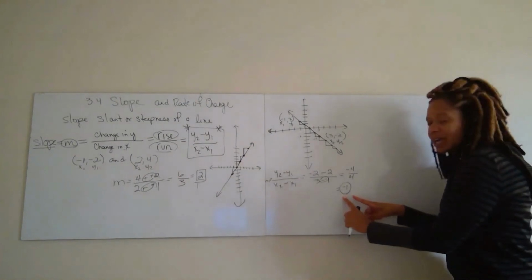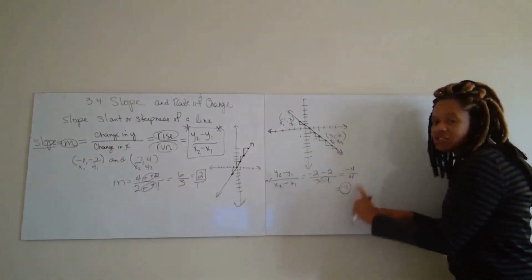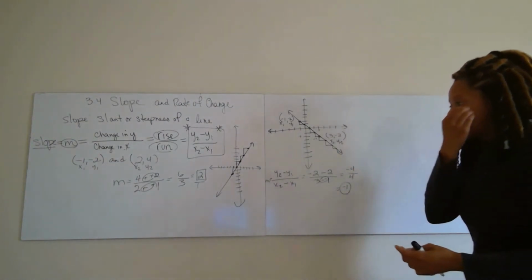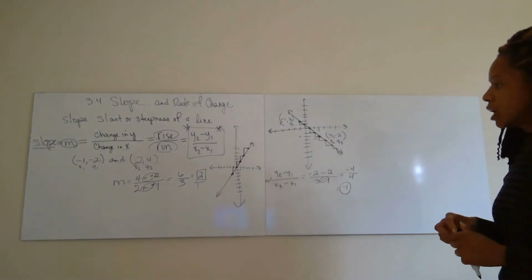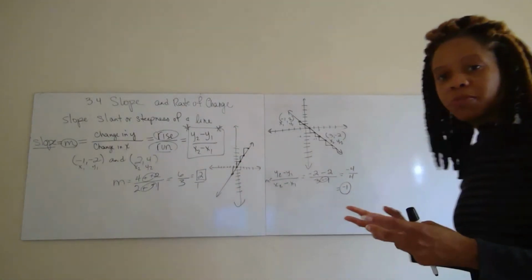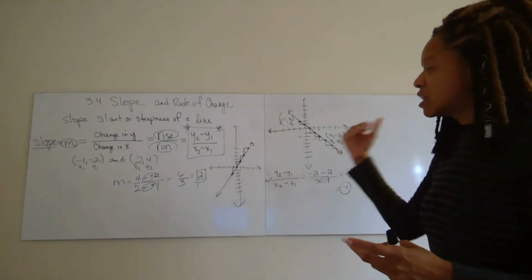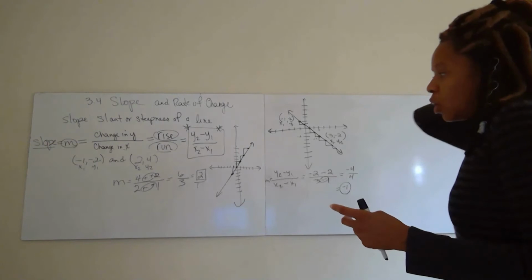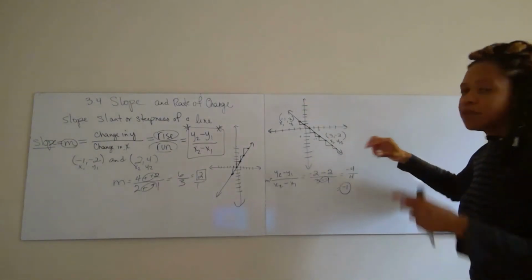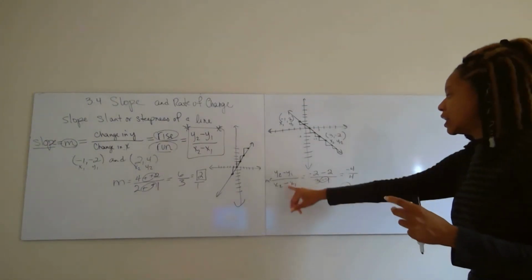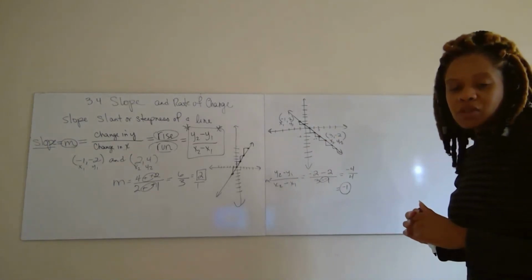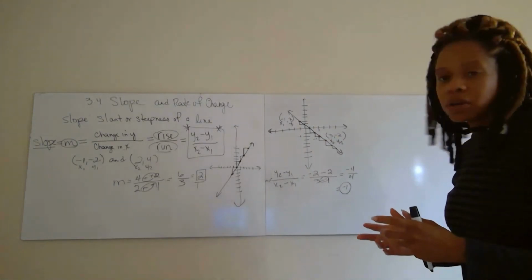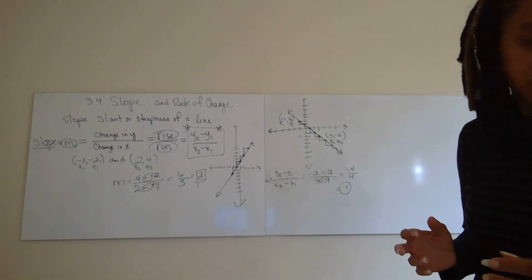And when your slope is negative, that just means you're going to rise down instead of rising up. Okay? So given two ordered pairs, you should be able to identify the slope simply by substituting them into the formula. That's all you do. Or given a line, find two ordered pairs on the line and then plug them into the slope formula. Either way works.